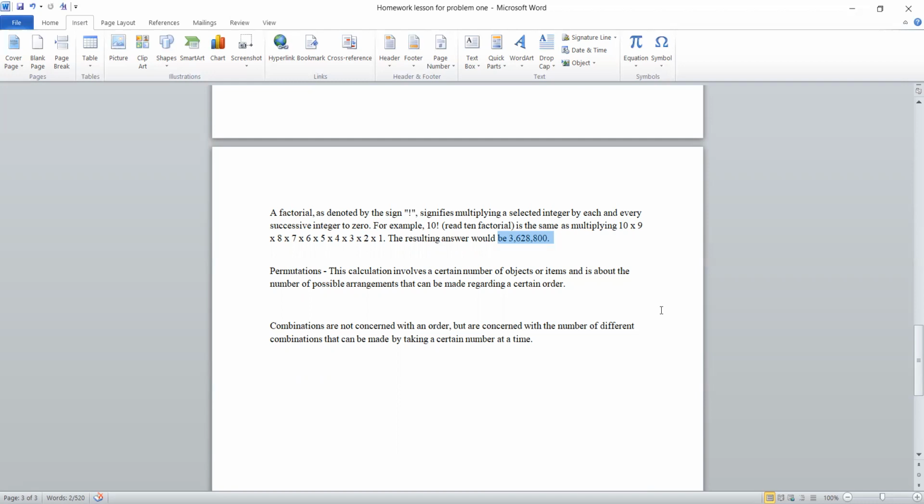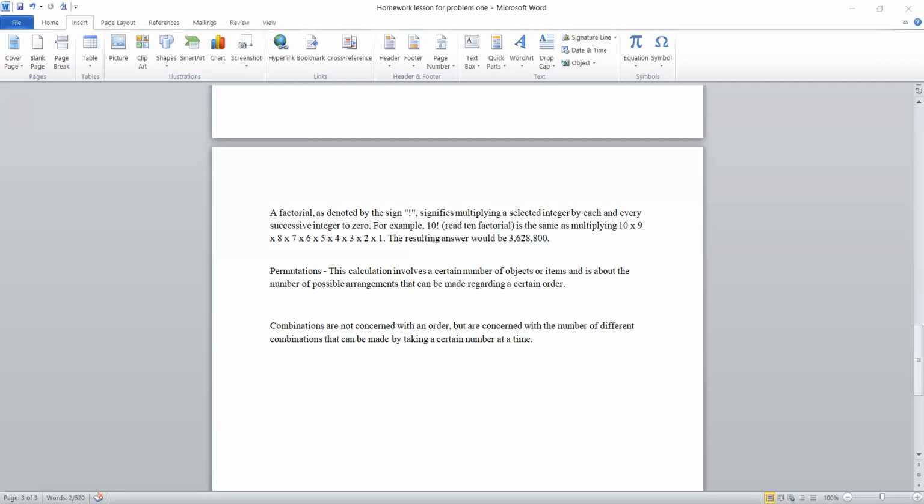So combinations we could think of buying an outfit with a hat, a shirt, a purse, a skirt or pants, and shoes. Okay, and then we could think about adding a scarf and jewelry, and then we could take all those things and count our items, and combinations would be any possible combination of all of or some of those items. But permutations is concerned about the order of items.